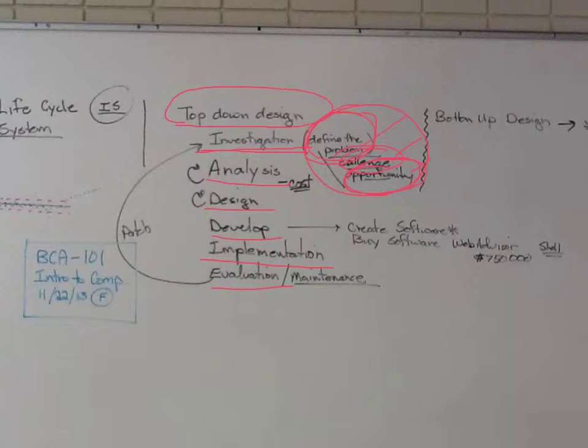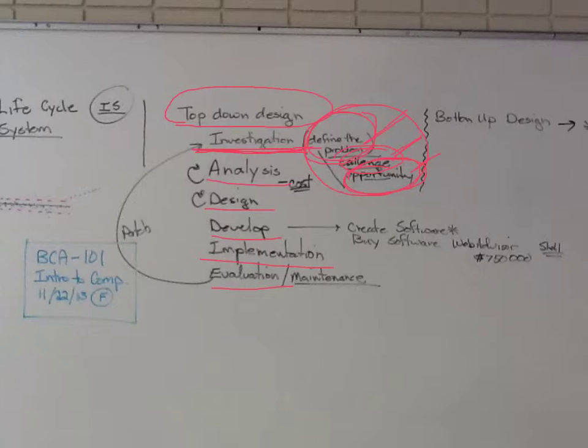We might look for an opportunity that an information system might make our product easier to use, maybe more reliable, maybe a new treatment for something, a certain drug, whatever it might be. We have the whole investigation stage.